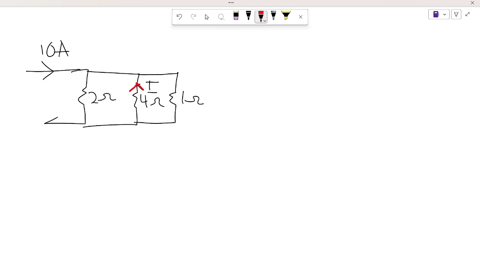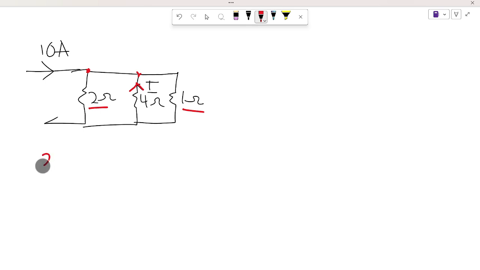So in this case, as I was saying earlier, there's going to be division of current at this node and at this node. Okay, so in order to make the work simpler, since the 2 ohm and the 1 ohm resistors are in parallel, we can find the total resistance for both of them, and we can redraw our circuit to simplify it for us.